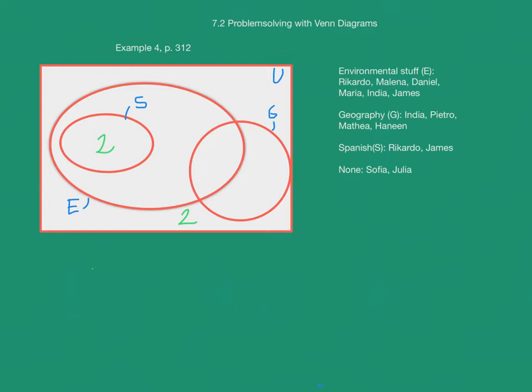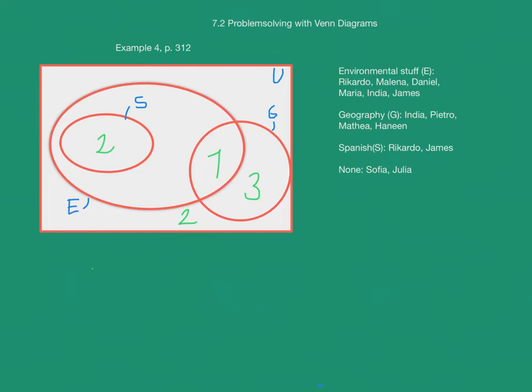So some students may be in both, and we can see that this is India, that she studies both geography and the ESS. So that's just 1 student that is in both circles, and the other 3, they just study geography. But you can see that there are 4 students altogether in the geography circle.